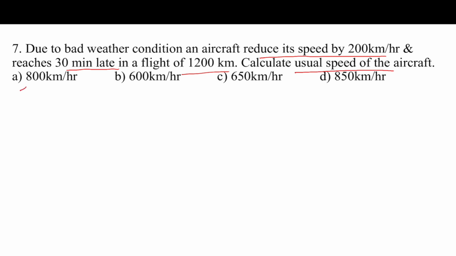Okay, now we don't know what the usual speed of the aircraft is, so let the usual speed of the aircraft be s. So what will the current speed be? It is reducing by 200 km per hour, isn't it?